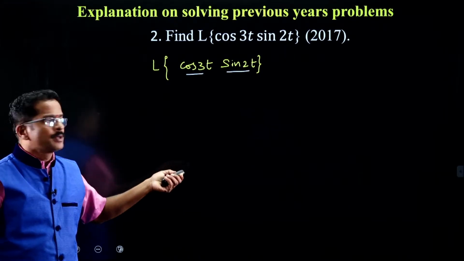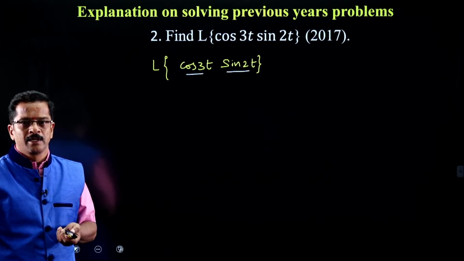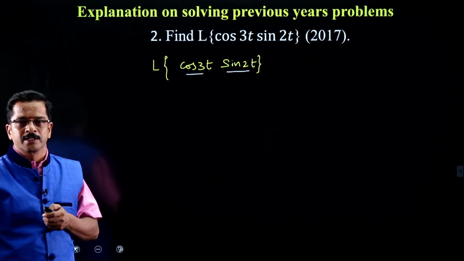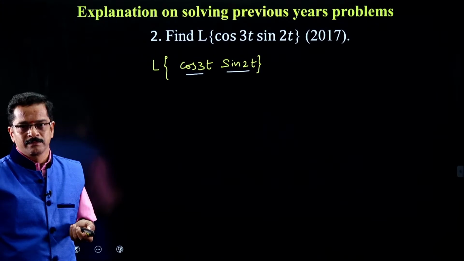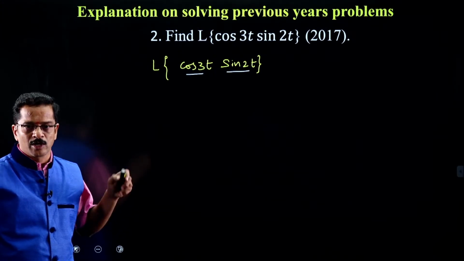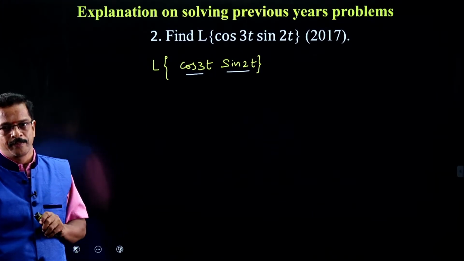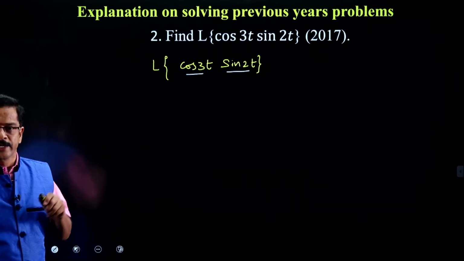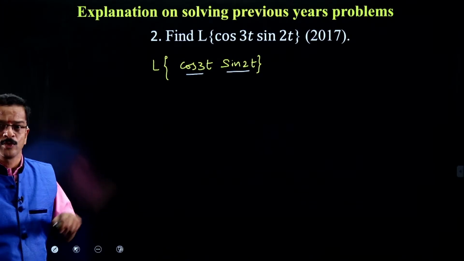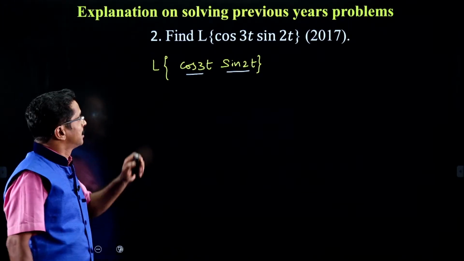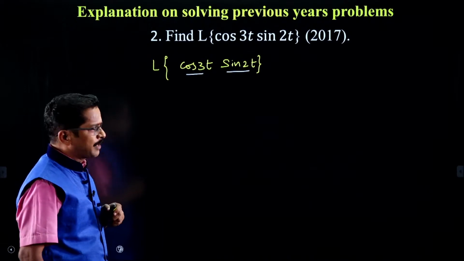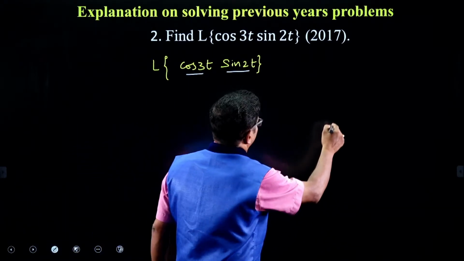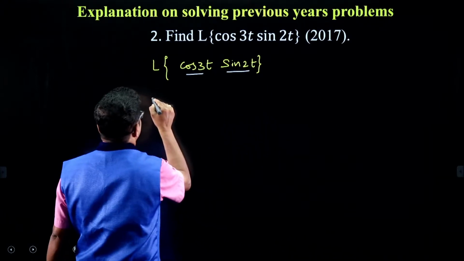So you try to reduce this product combination into subtraction or addition combination, then you apply Laplace transform. So how do we convert them into addition or subtraction, then only we apply.